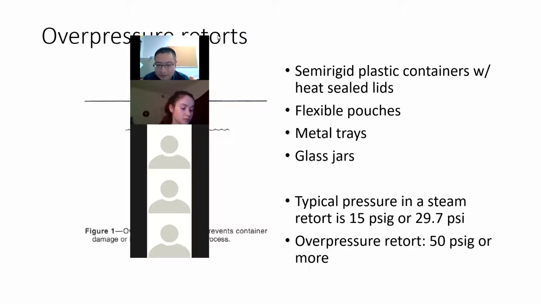So for example, if we have 15 PSIG here, it means the pressure is 15 PSI higher than the atmospheric pressure. So that's why it is equal to 29.7, because the base is 14.7, which is for the atmospheric pressure. Does it make sense, guys?